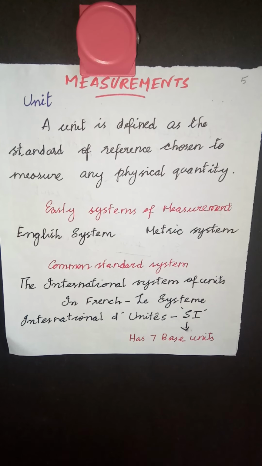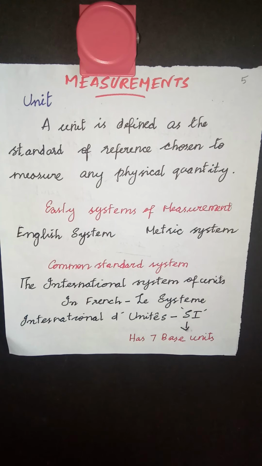India actually started following the metric system since 1957. This metric system, which was put forward earlier, was further improved by the General Conference of Weights and Measures, which was held in France. The improved system of units has been accepted internationally, and that is called the International System of Units, or in short, SI units.